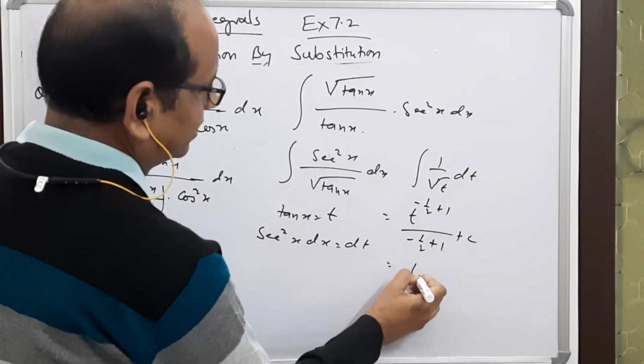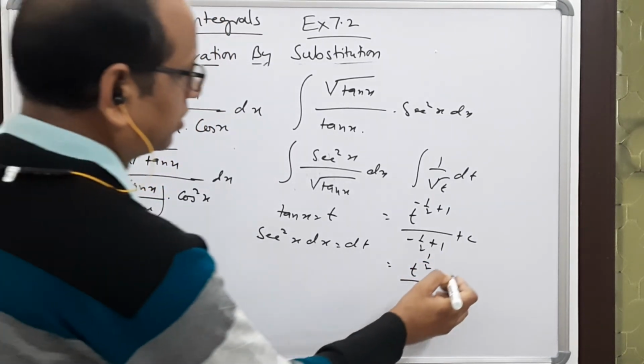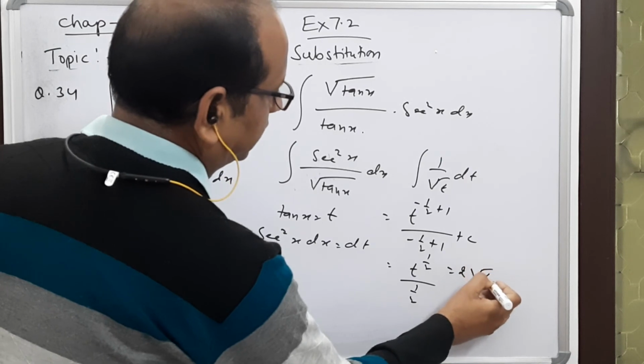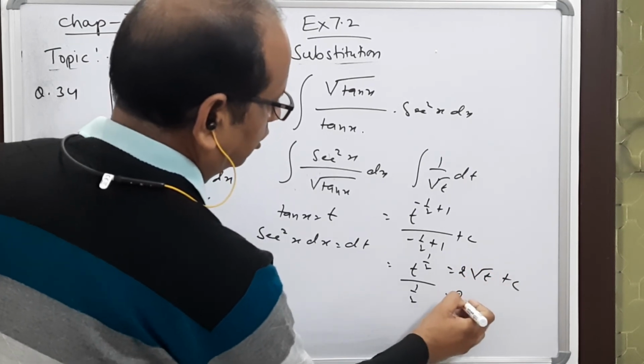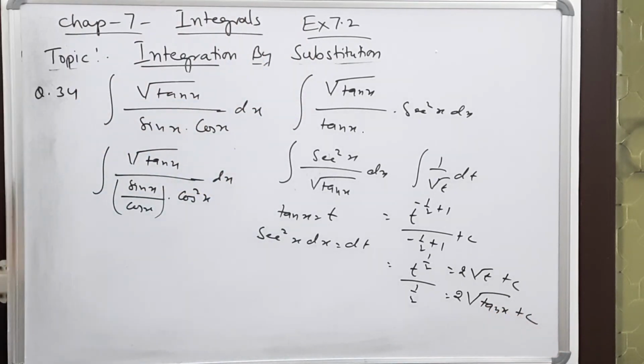So it is t power half upon half. So it is 2 root t plus c, or 2 root tan x plus c. So in this way we can write the answer of this particular problem.